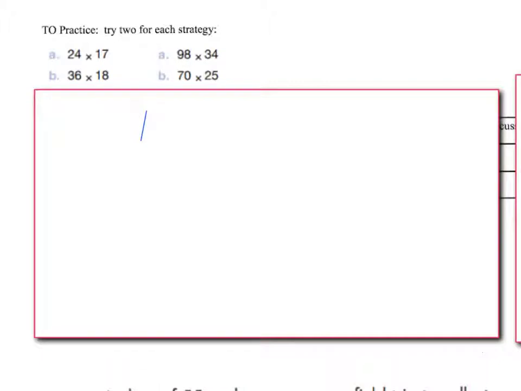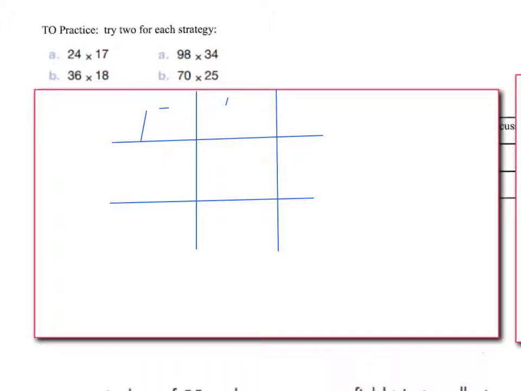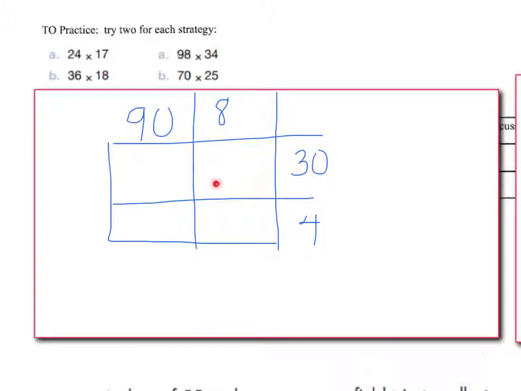So we have 90 and 8, and over here we have 30 and 4. So 8 times 30, well 8 times 3 is 24. I took off that 1 zero, I annexed it, now I'm adding it back on, 240.